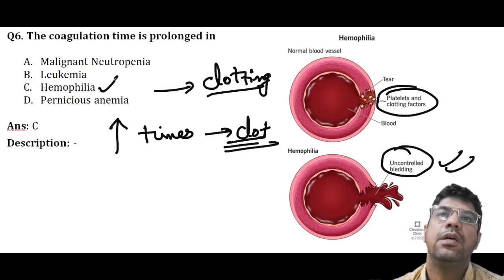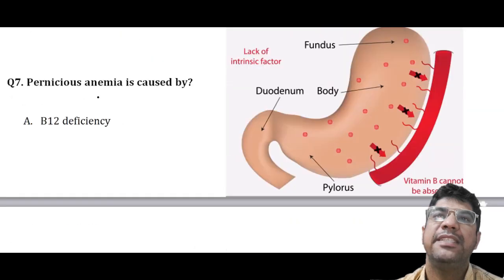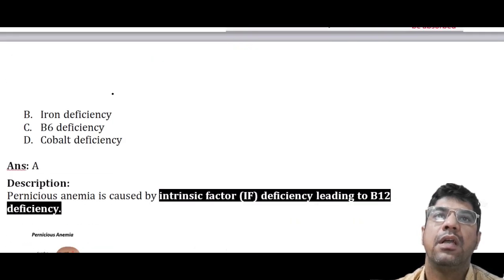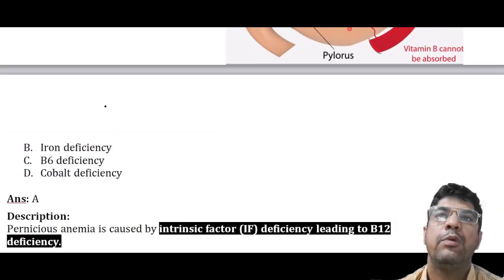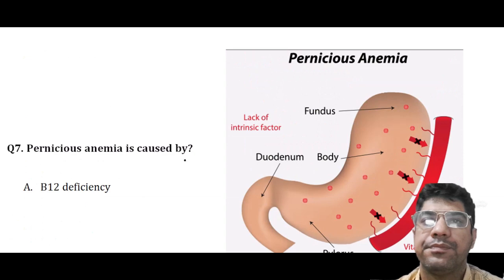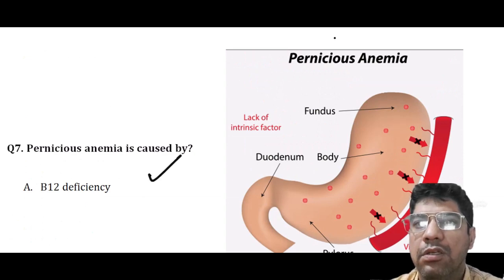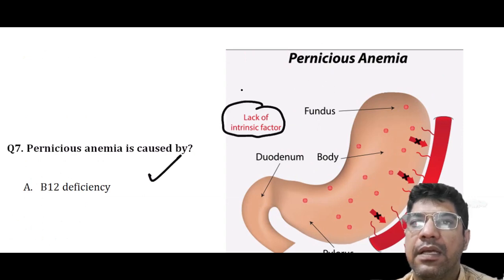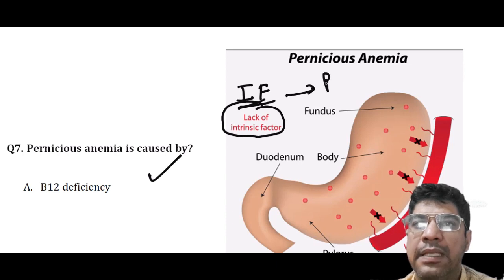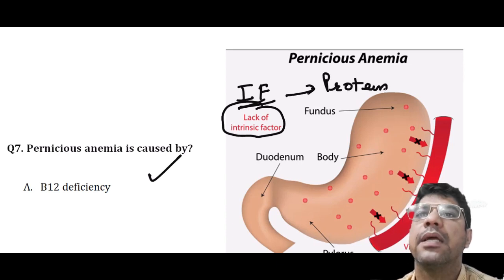Coming to the next question, pernicious anemia is caused by B12 deficiency. Pernicious anemia is caused by deficiency of the intrinsic factor. That is a protein formed in the stomach.